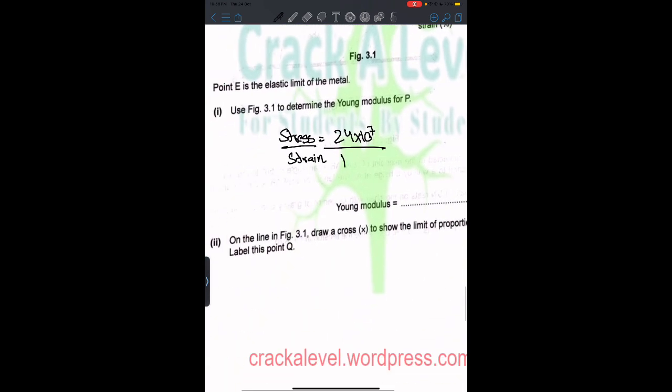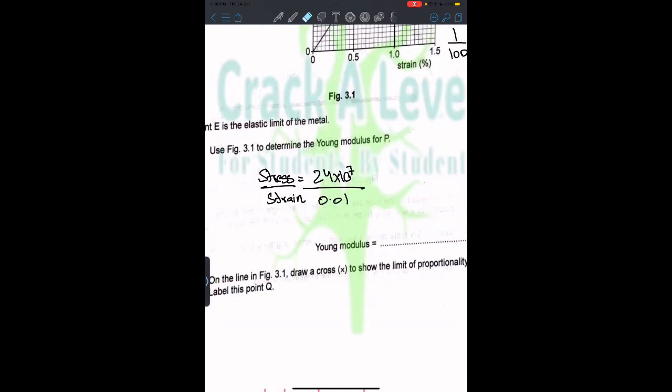So you just divide this by 100 and you'll get 0.01 as the strain value. So we'll just do this, and I'm getting the answer to be 2.4 times 10 to the power 10.